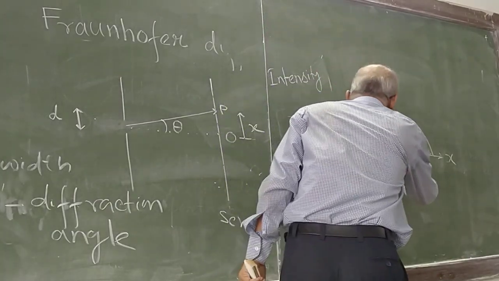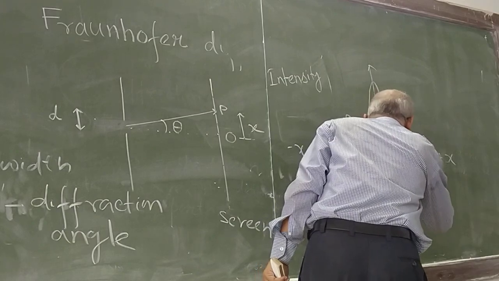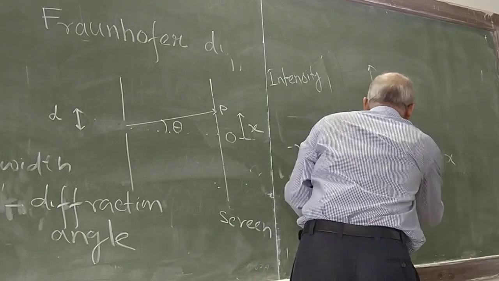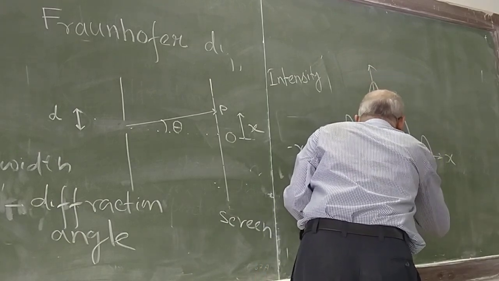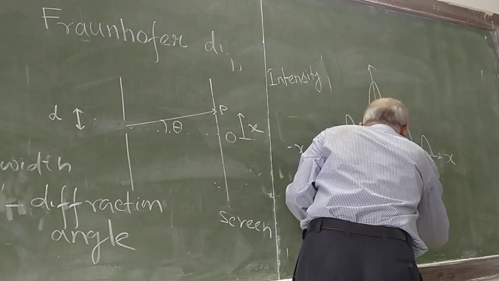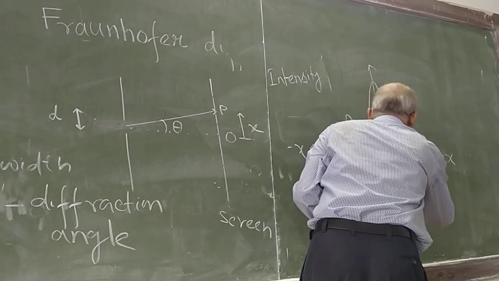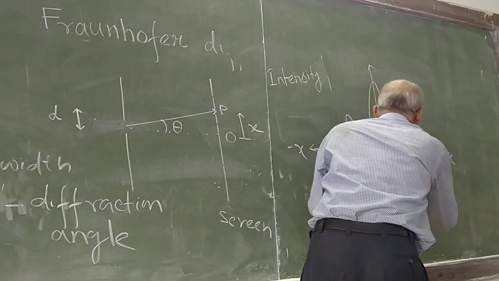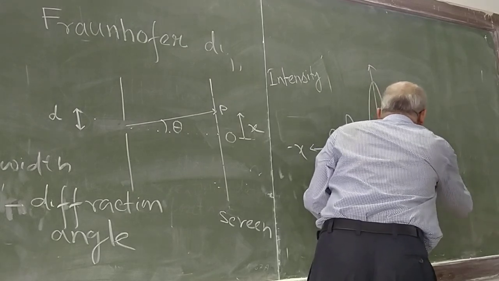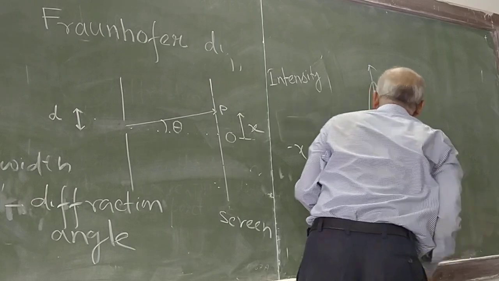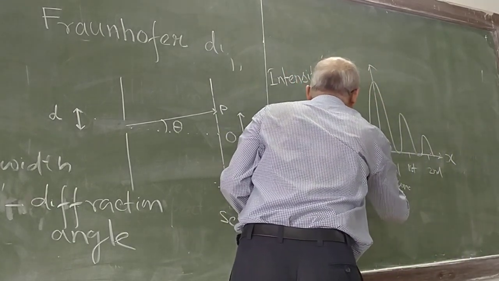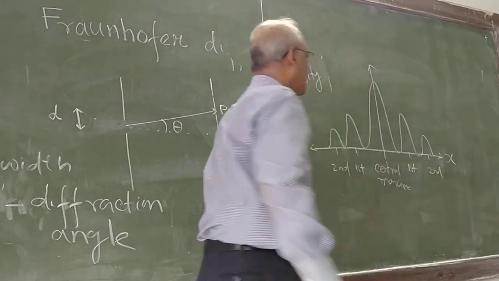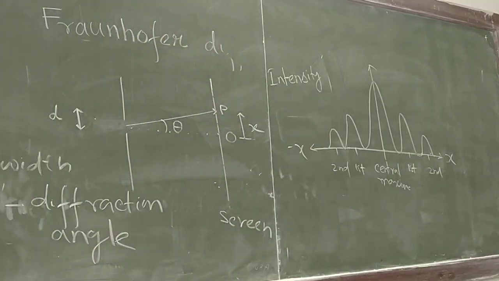So this point is called the central maximum. This is called the first order maximum, this is the second order. Similarly on this side, this is first, this is second. The series continues: first, second, third, fourth order maximum.